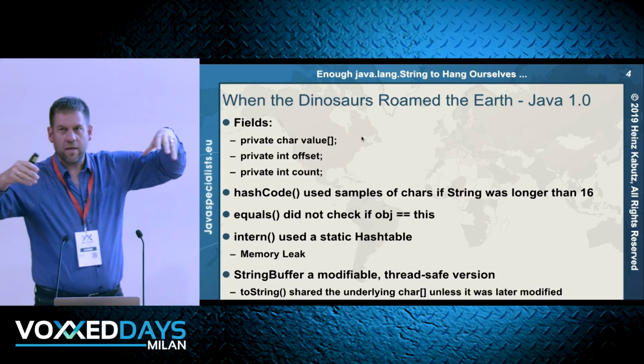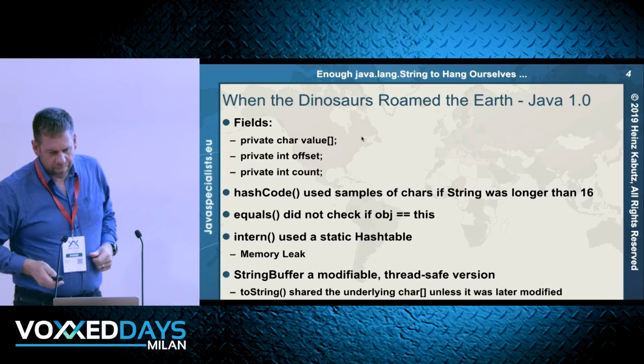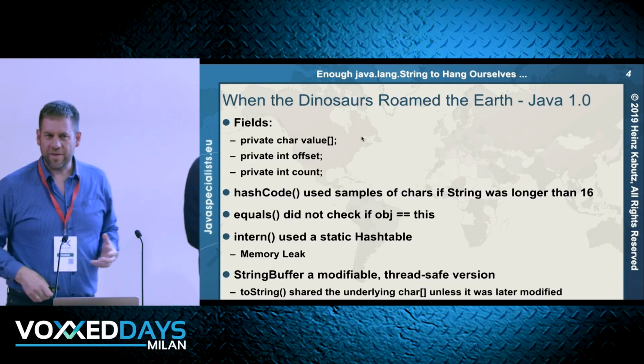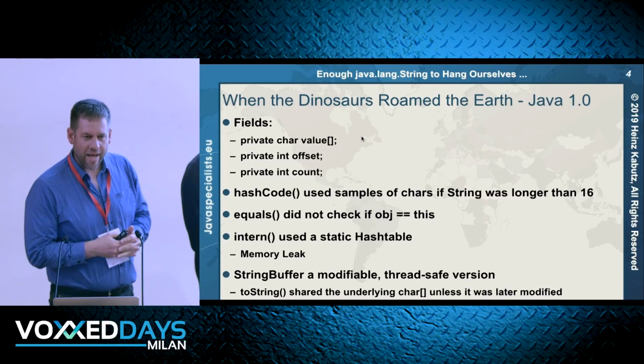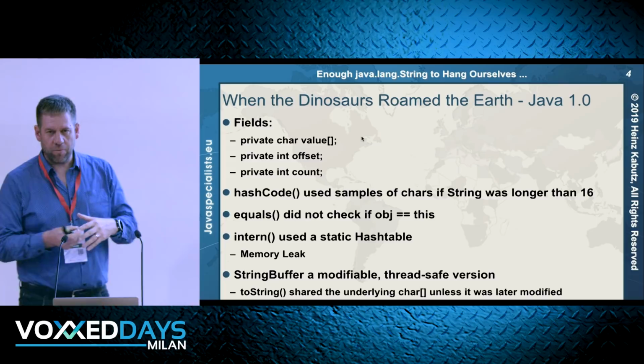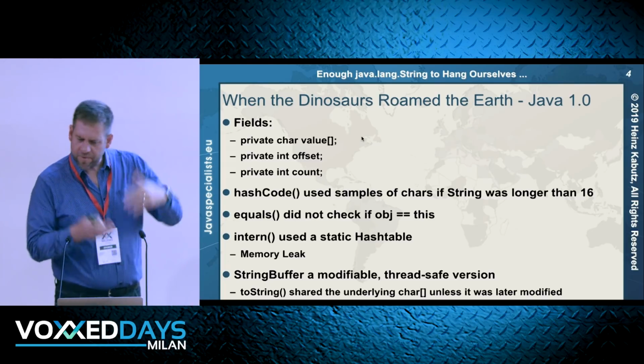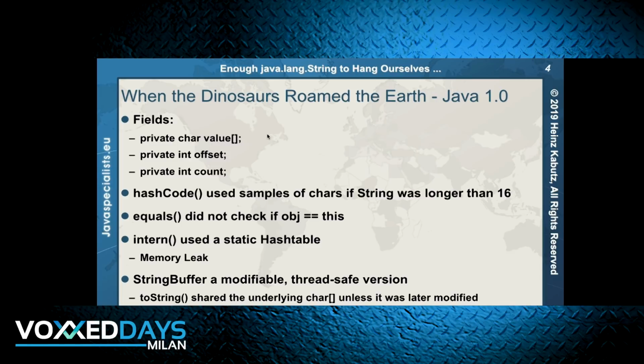They looked at only, I think, 30 characters of it. It was like a sample of the string. And it obviously wasn't a very good hash code in the end, because if you had several big strings, they would have very similar hash codes, all the same hash codes. And some other things like equals didn't check if the objects were actually the same. Intern had a static hash table, which happened to be a memory leak.